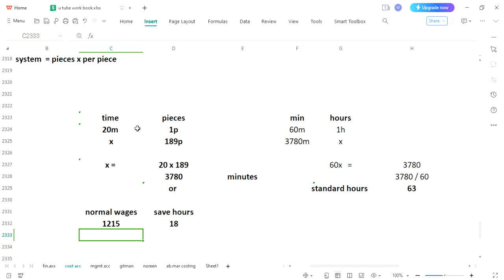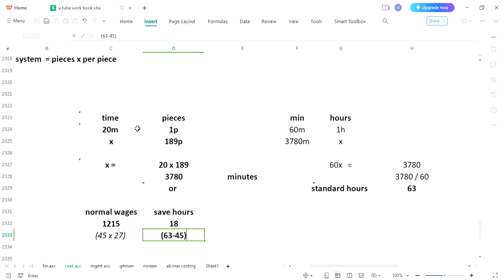I'm putting brackets here so you can remember what we have done: 45 hours were taken, and for every hour 27 was paid. Statements are very important, so I am writing them for understanding. How did you calculate your hours saved? 63 was the standard, and you completed that work in only 45 hours. So again, in this way, we have calculated hours saved.